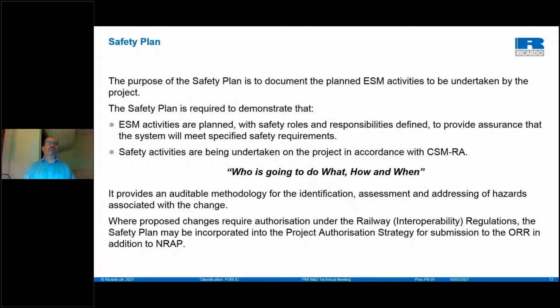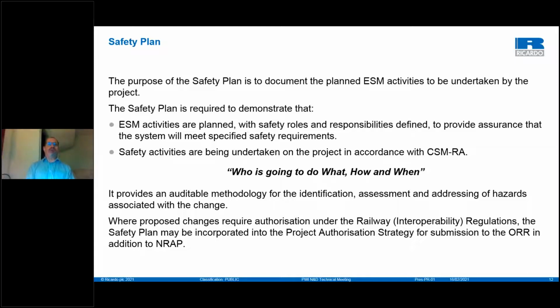Okay. Combined with, say, the system definitions and safety plan, which documents the CSMRA activities that you're going to undertake within the realms of the wider engineering safety management that will be undertaken. I'll go into a bit of that in the next slide.